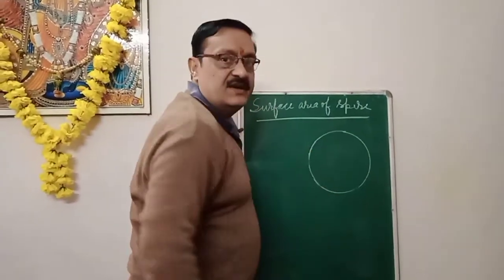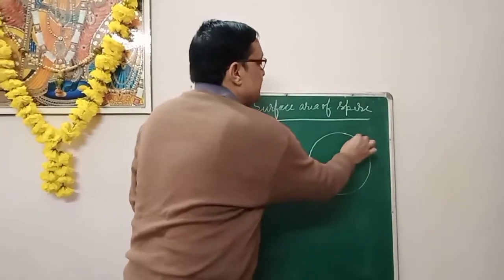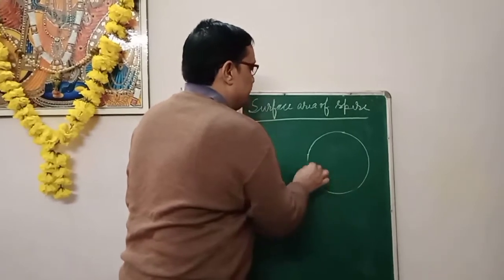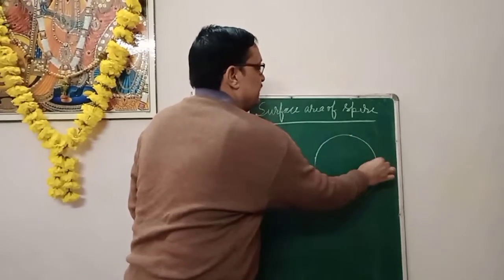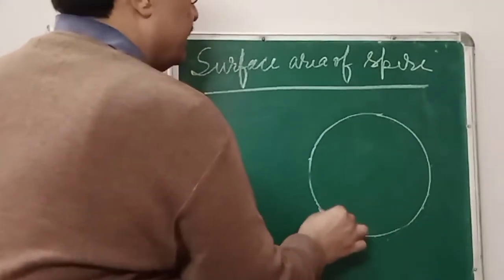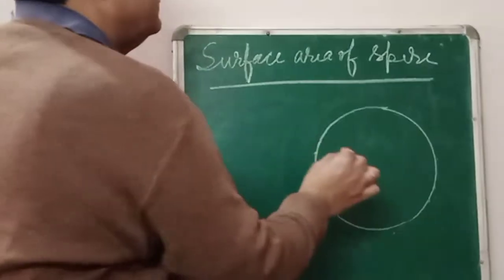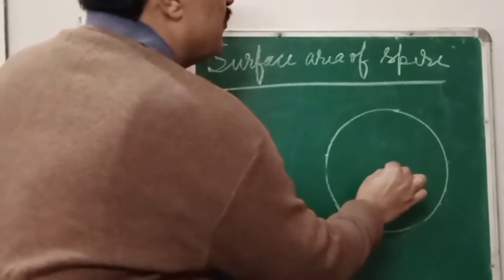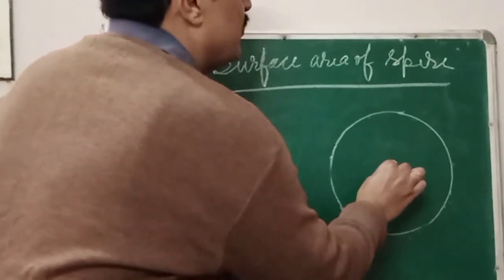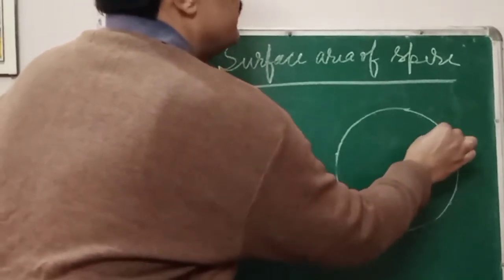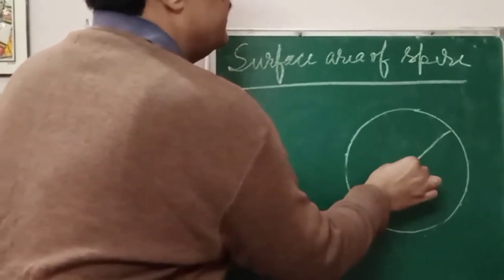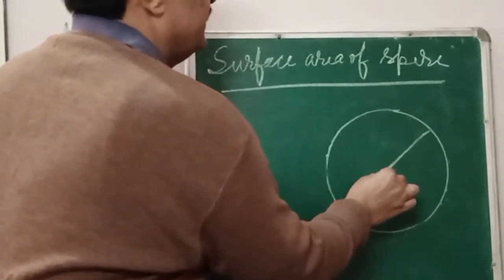A circle is a figure such that any point on this circle, which is made up of several points joined together, is at a constant distance from a fixed point called the center of the circle. This is the center of the circle.